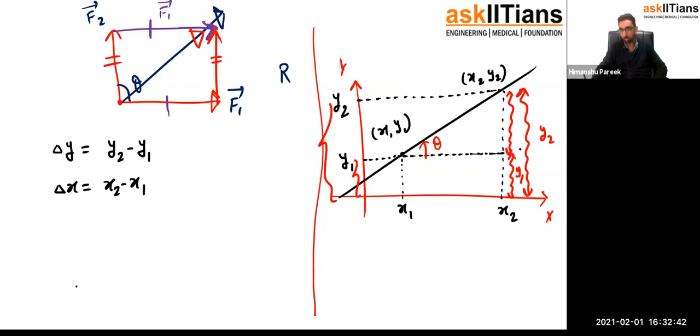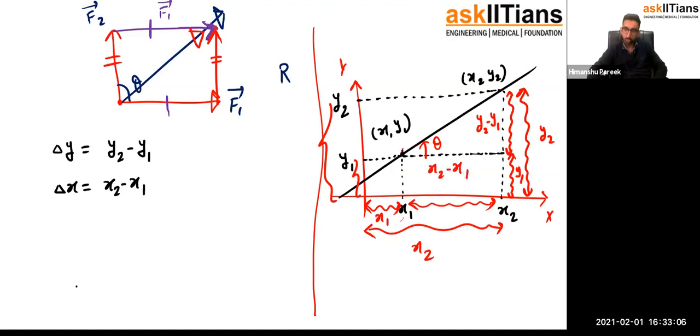Total minus the smaller one, y2 minus y1. Similarly, this is x2, the total length x2. This is the total length x1. So the remaining one would be x2 minus x1.